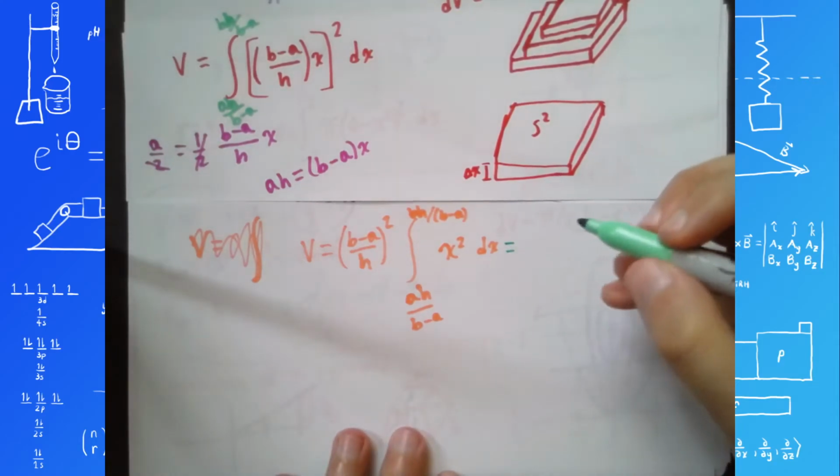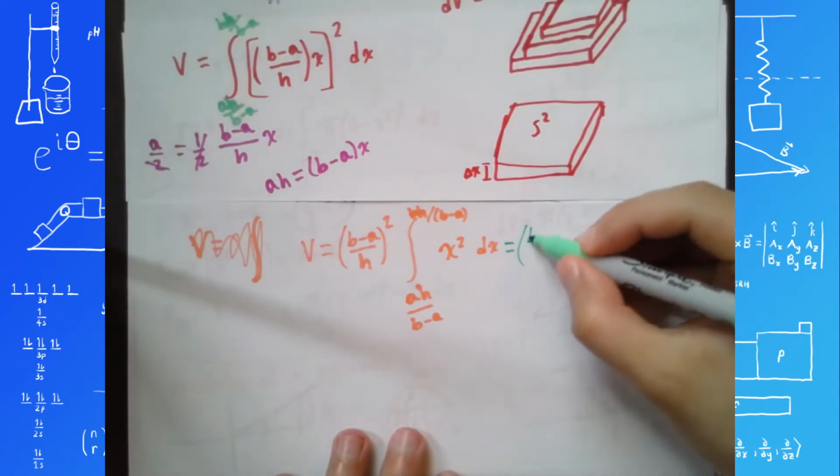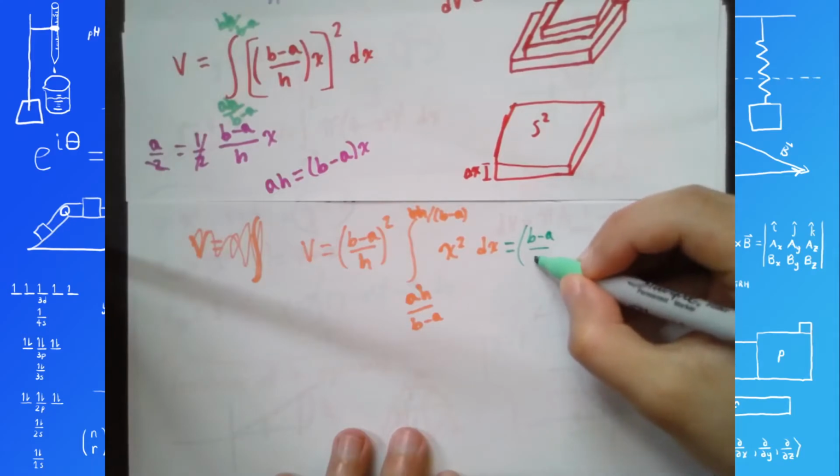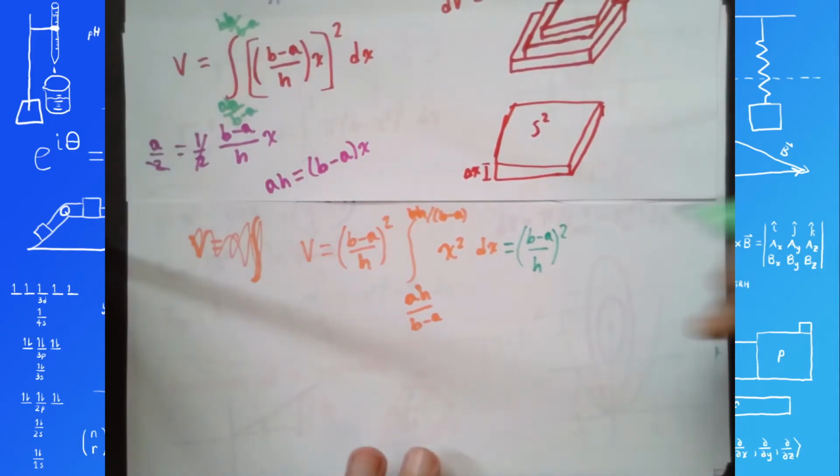So it looks like we've got B minus A over H quantity squared, that's still out there.